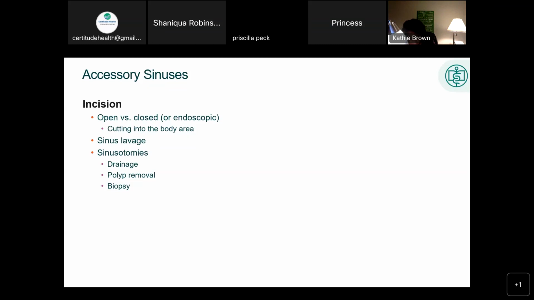So they're not necessarily cutting into the person to access that point, but they may have to do some type of cutting once they're in and have use of the camera, maybe to do a biopsy, removing a polyp, or a drainage. So that could be one method that they would utilize.